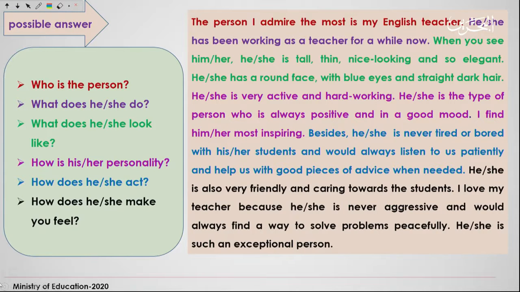He or she has a round face with blue eyes and straight dark hair. He or she is very attractive, very active, and hardworking. He or she is the type of person who is always positive and in a good mood. I find him or her most inspiring.